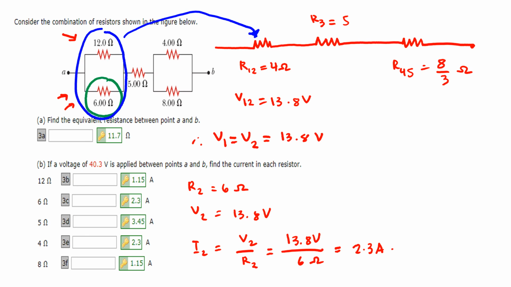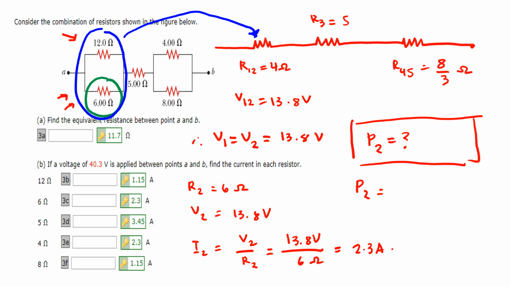Now at this point, you now have the voltage, current, and resistance of all resistors. So if there was a part C in this question, they could possibly ask you for the power. So for example, what is the power delivered by the second resistor, or P2? Then what do we do? P2 is just equal to I2 times V2.